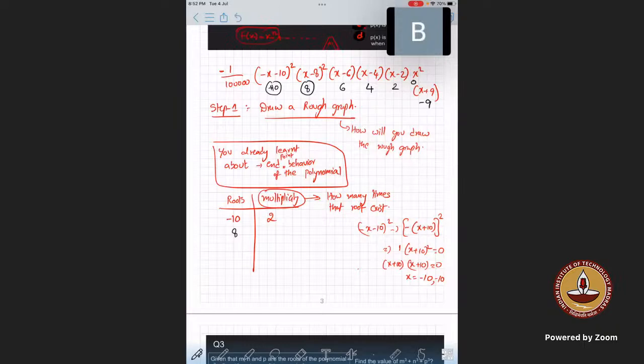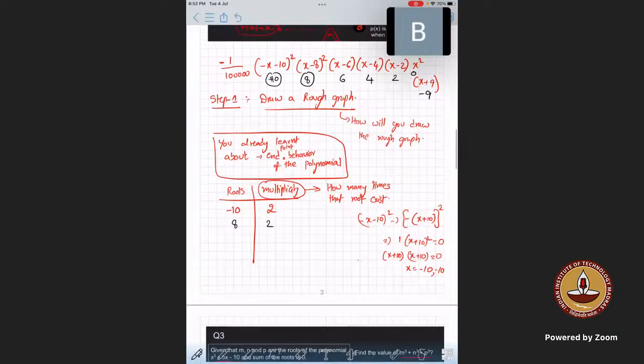Yeah, it is 2. And what is the multiplicity of root 6? 1. What is the multiplicity of root 4? 1. And 2 is also 1. And 0 is 2. And minus 9 is 1.